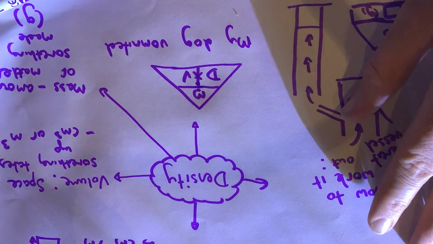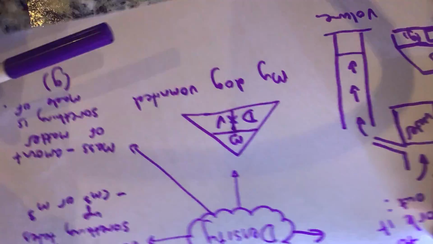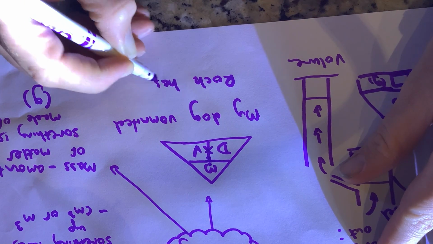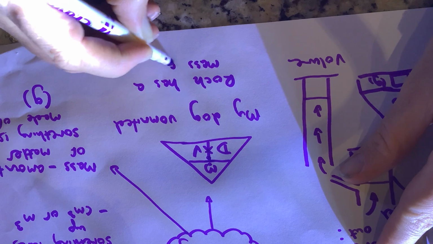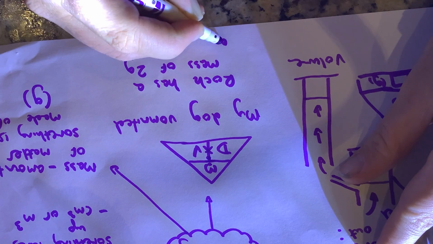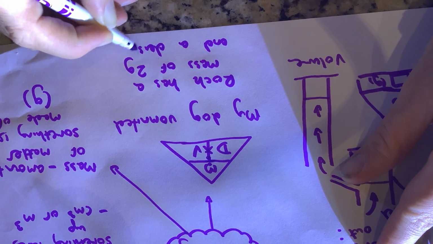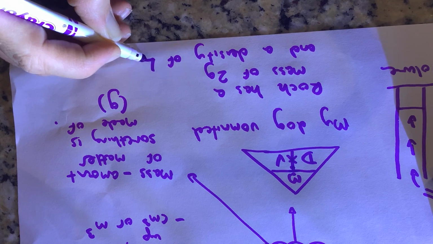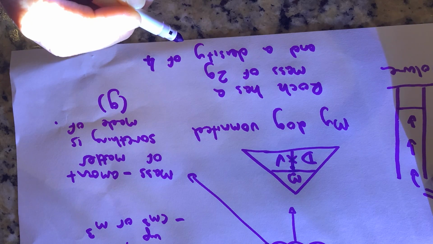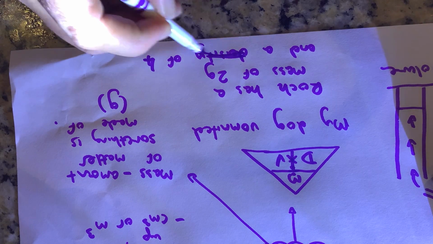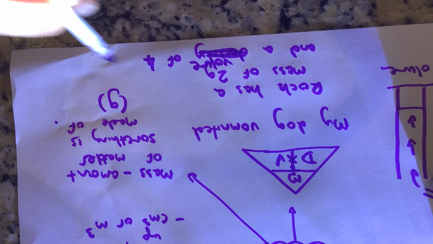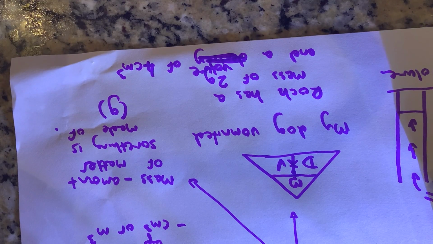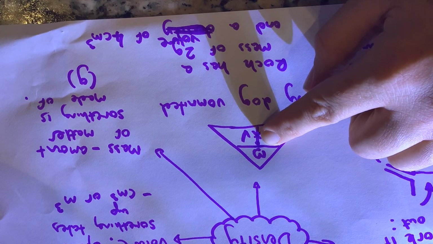So for example, if we were told that a rock has a mass of 2 grams and a volume of 4 centimetres cubed, what I would have to do to work out my density is divide my mass.